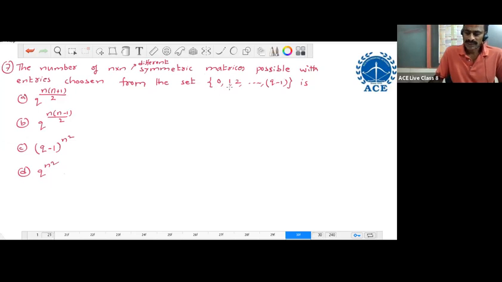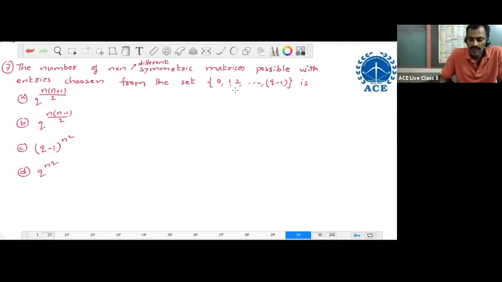From this set, we are getting the numbers 0, 1, 2, and so on, q minus 1. These numbers only. We are given q numbers only. With the given q numbers, if you write the nth order symmetric matrices, how many are possible?